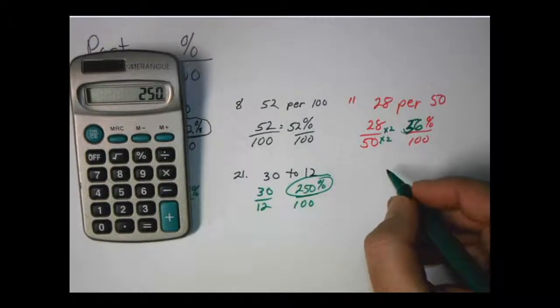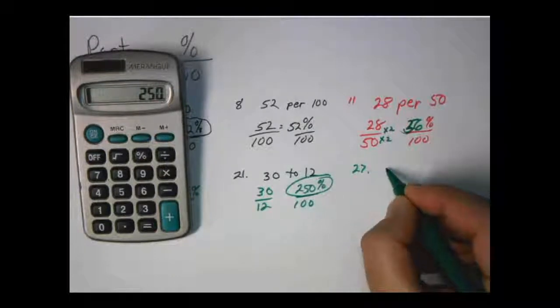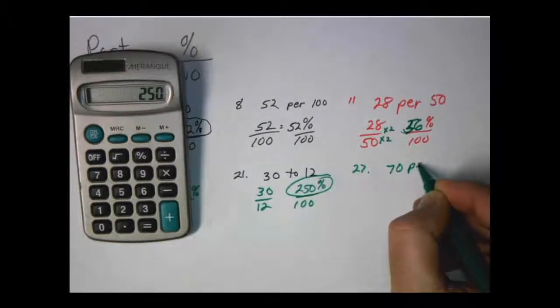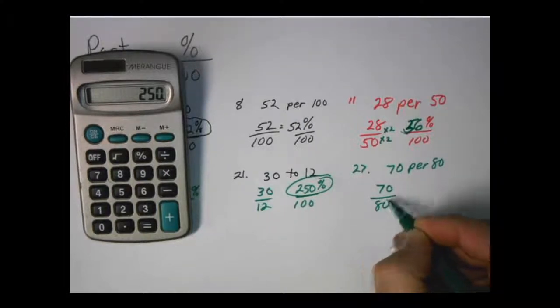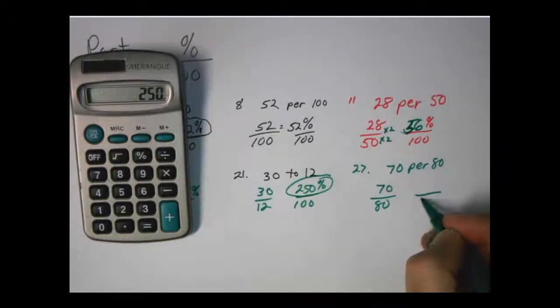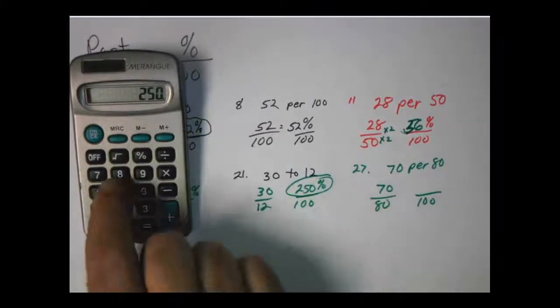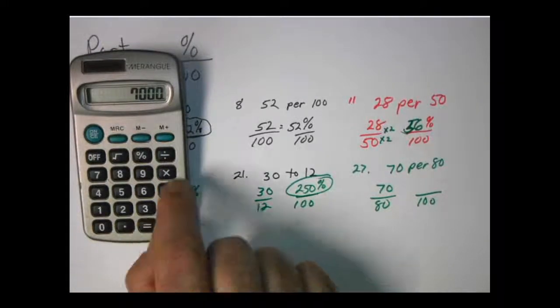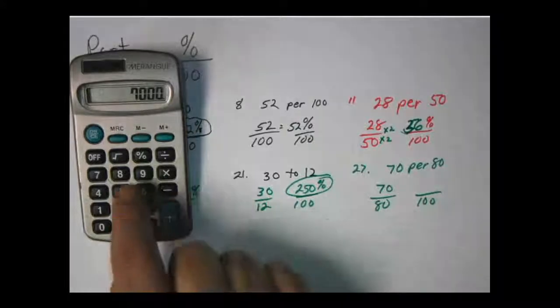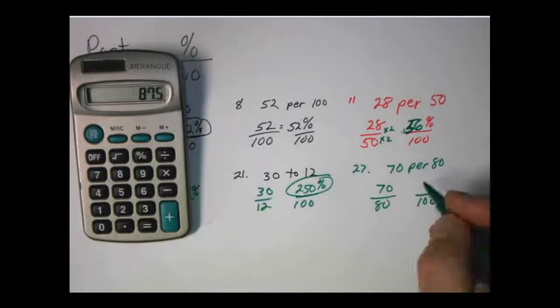Let's do one more. 27. We have 70 per 80. Again, writing it that little different way, but it means the same. 70 over 80. We're looking for 100. 80 doesn't go into 100 really easy, so let's cross multiply and divide. So I have 70 times 100, divided by 80, gives us 87.5%.